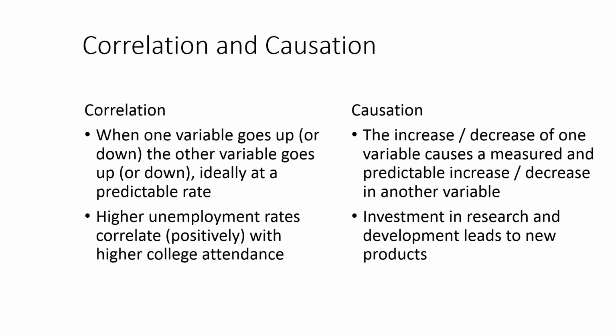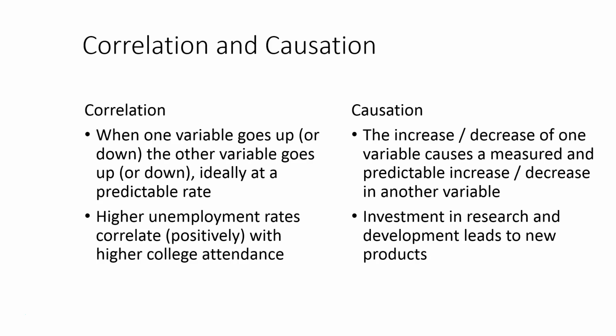Let's talk a little bit about correlation and causation. This is actually related to your discussion board question this week. Correlation is where 2 variables are similar in the way that they move, or the way that they increase or decrease. For example, if I have variable A, and I know that when variable A goes up, variable B tends to go up as well. They may go up in a linear way. In other words, A goes up and B goes up by some known measured way, or they may go down together.